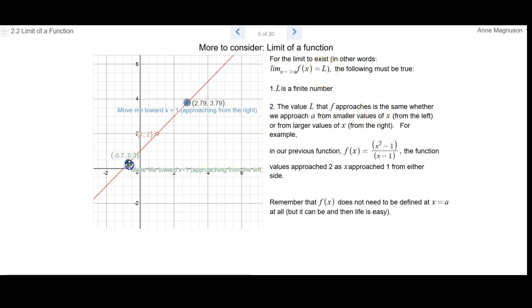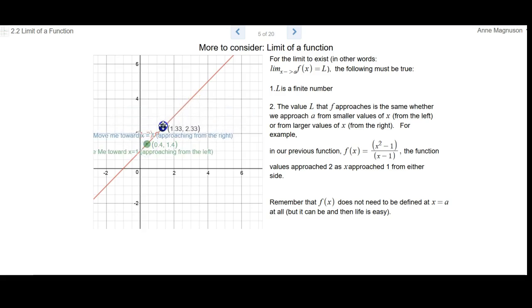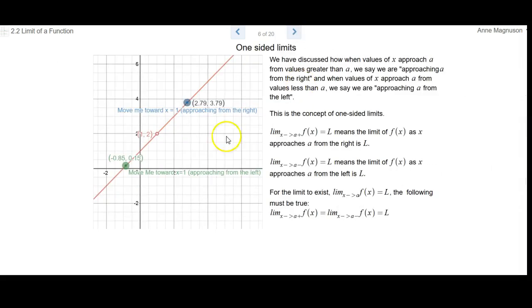And the limit has to exist whether I'm approaching the x values from the left or from the right. The limits need to exist on both sides and equal the same value. So that's what this second item is saying. And remember, in the case of this hole, f of x doesn't even need to be defined at x equals a at all.